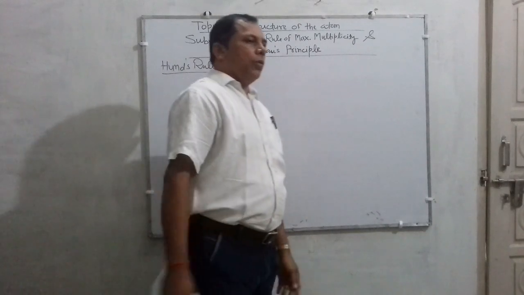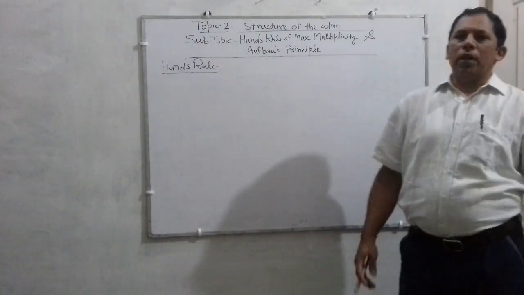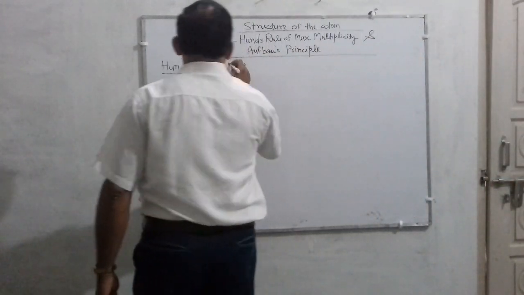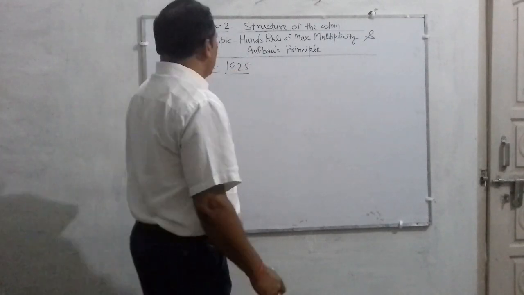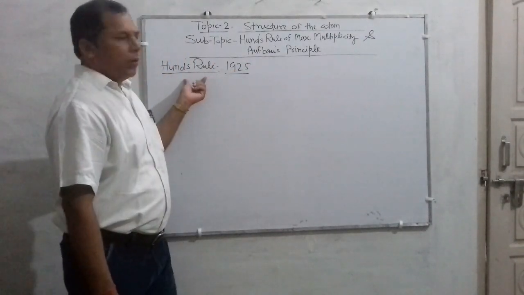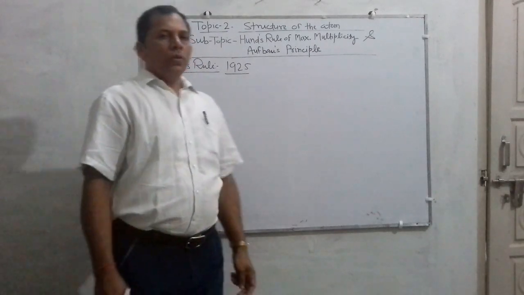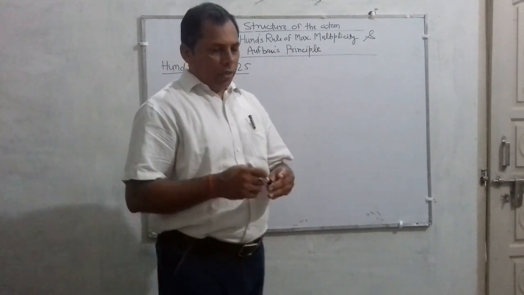So what is Hund's rule? First of all, this rule was established in 1925 by Hund. On his name, this rule is called Hund's rule or Hund's rule of maximum multiplicity.